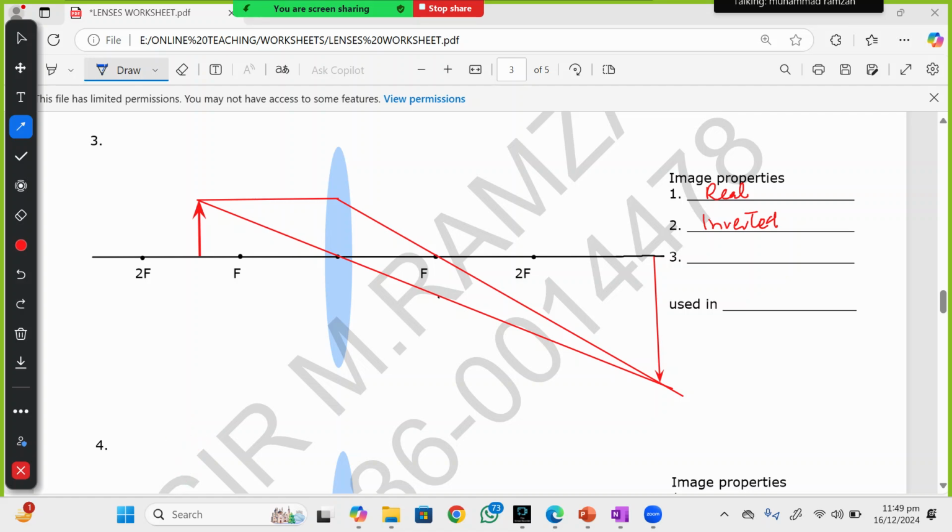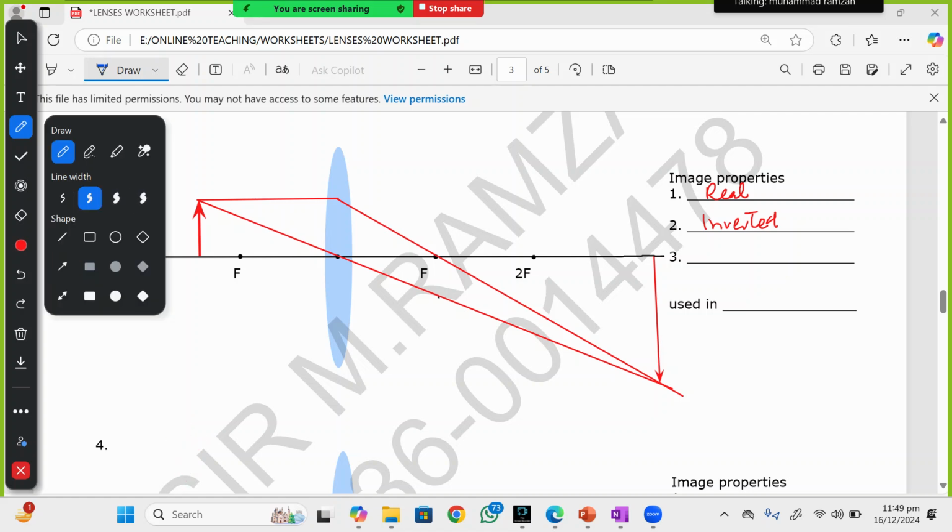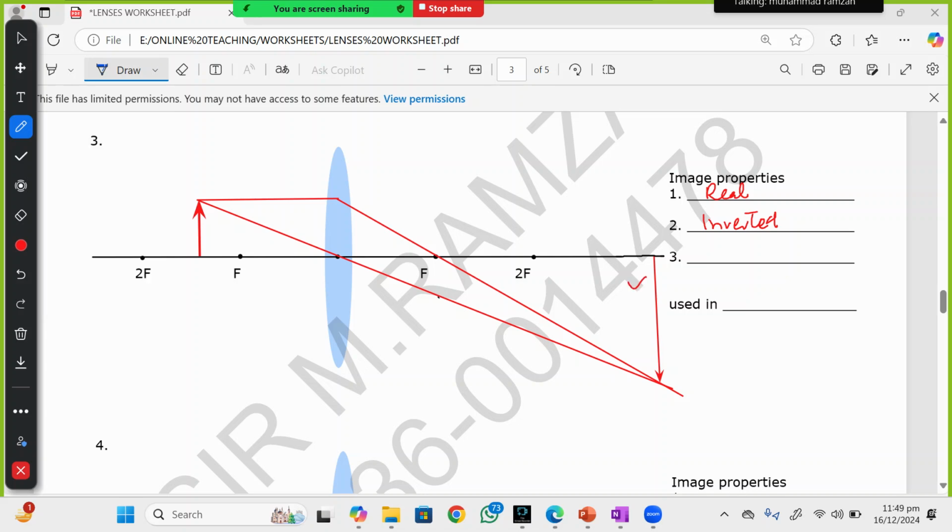Inverted means upside down. So the image over here is real, inverted, and if you see, the size of the image is very big. So the image is enlarged or magnified, and it is used in multimedia projectors. In the schools, we usually see them.